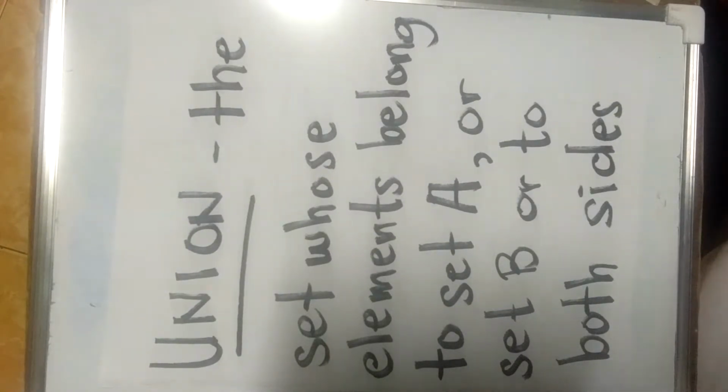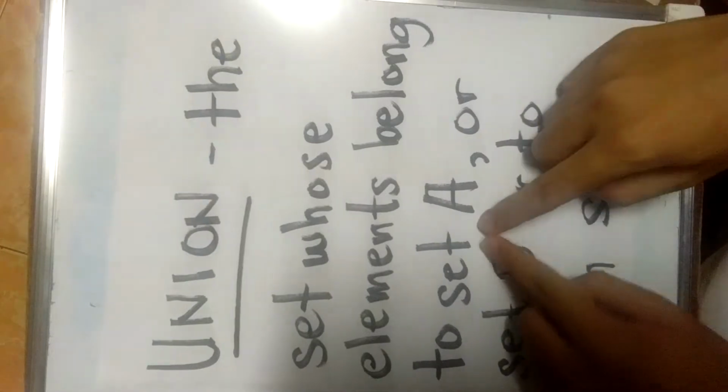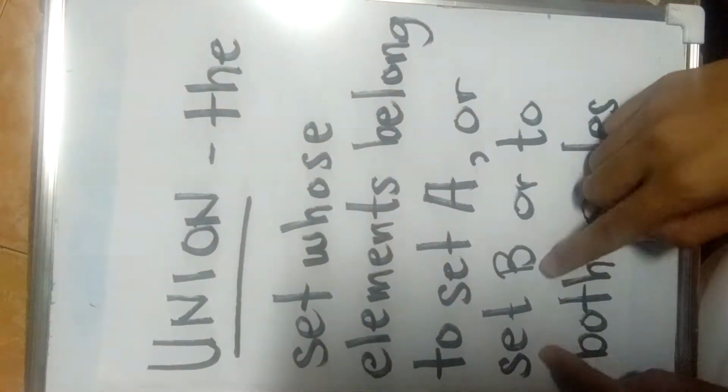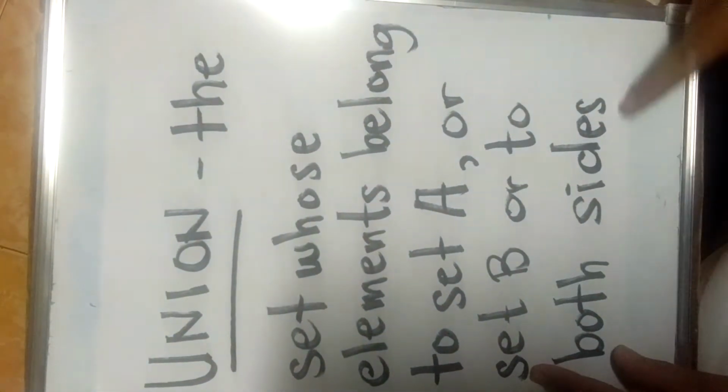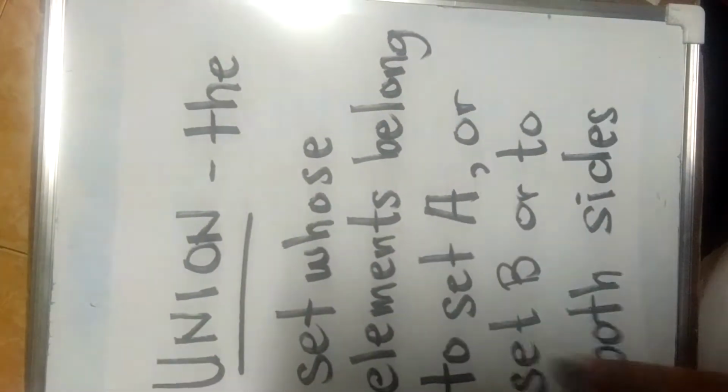Again, the union of sets A and B is the set whose elements belong to set A or set B or to both.